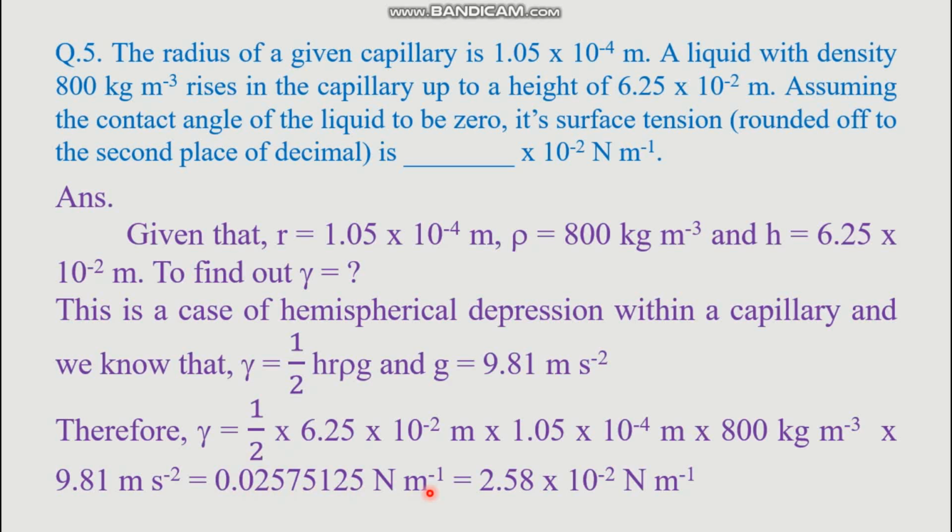So after giving 10 to the power minus 2 and rounding to the second place of decimal, 2.575 is rounded up to 2.58. So the answer is 2.58 into 10 to the power minus 2 Newton per meter.